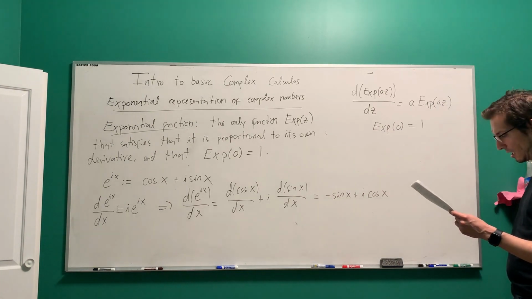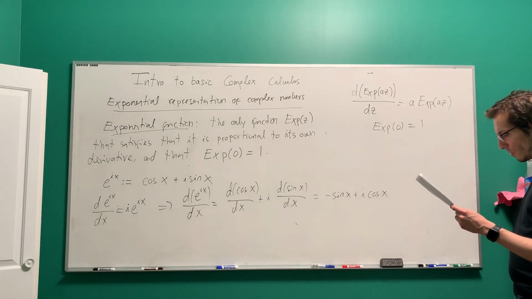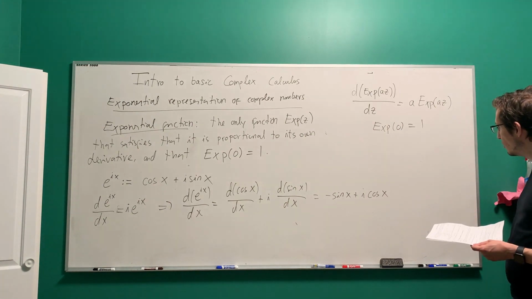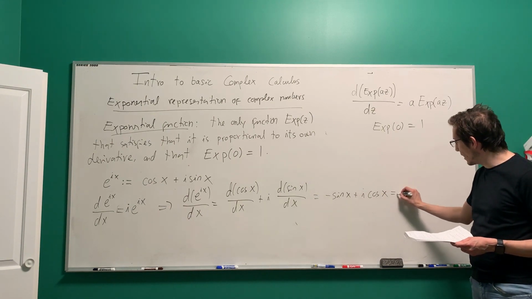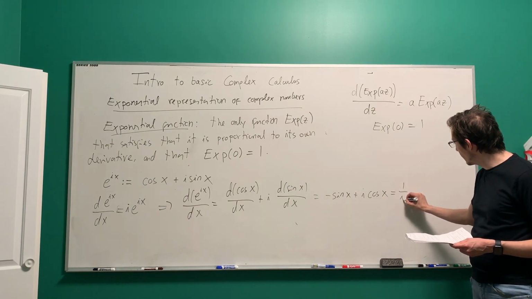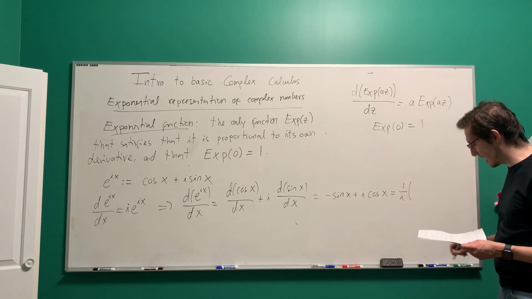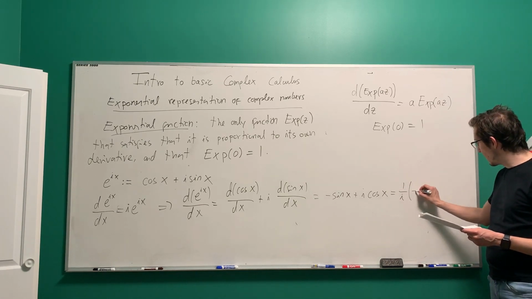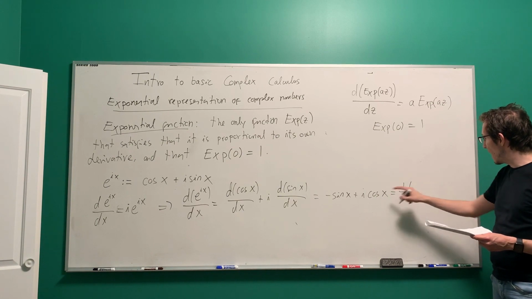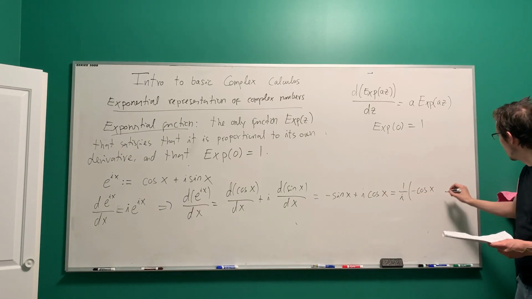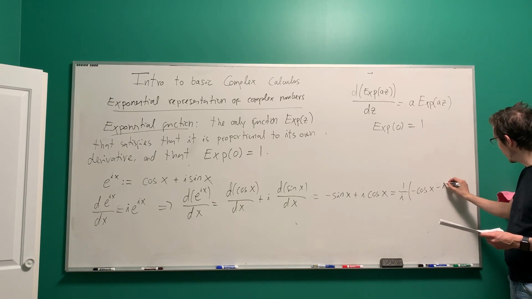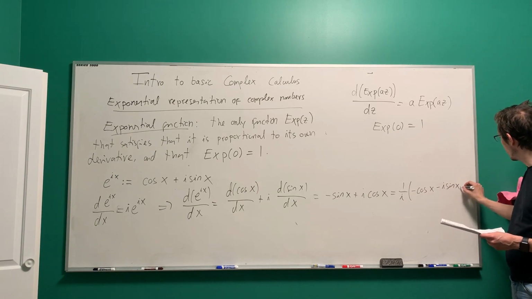So I can multiply by i and divide by i. If I divide by i and multiply by i inside, the second term I'm going to put first: i times i is minus 1, so cosine of x minus i sine of x.